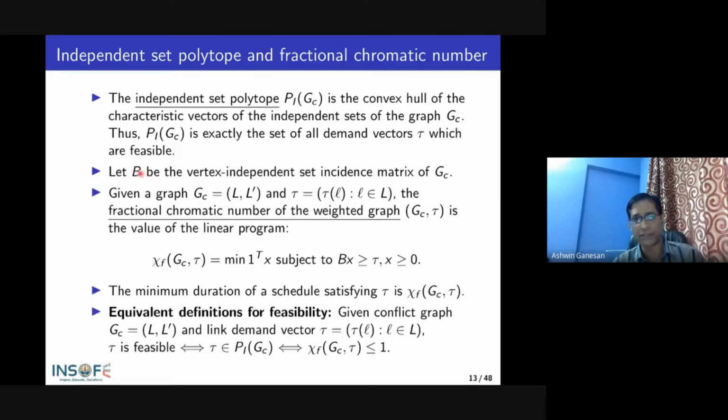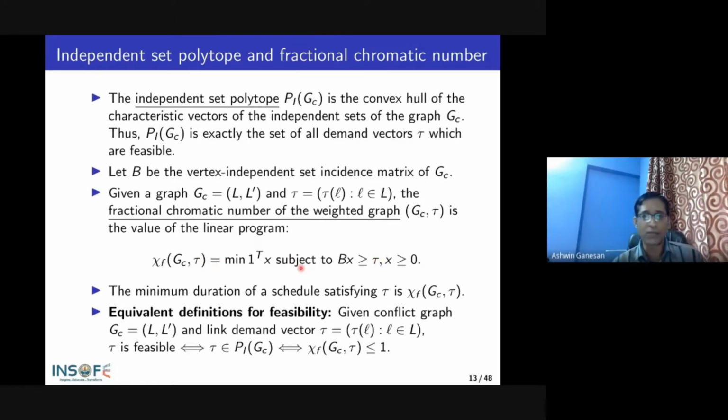So that's how the matrix B is constructed. If you minimize 1 transpose x subject to Bx being at least tau and x being at least 0, and you make tau the all-ones vector, there's a special case where you get the chromatic number of the graph.